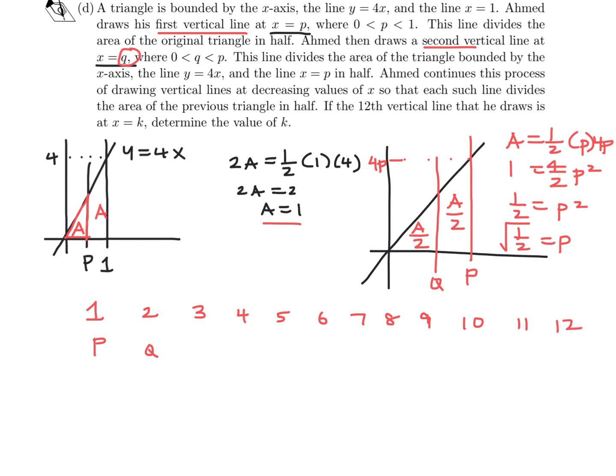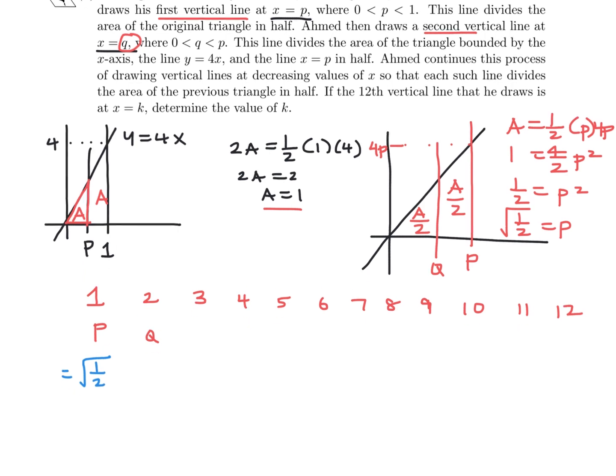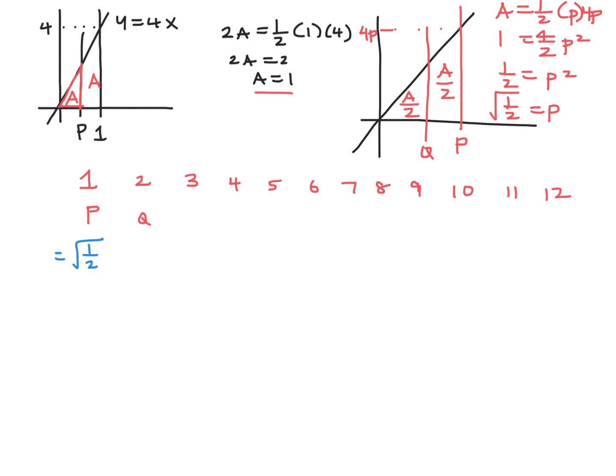Did we calculate these already? Well, p we got to be the square root of 1/2. That's all we have so far. Then we have to do this again for q and see if we get some sort of pattern, because obviously we're not going to do all 12.